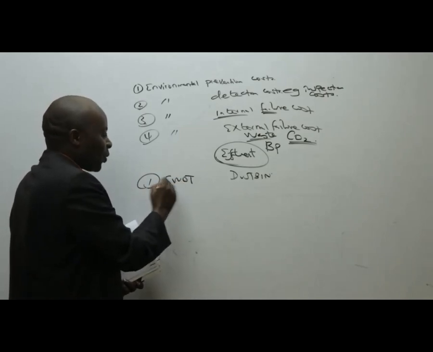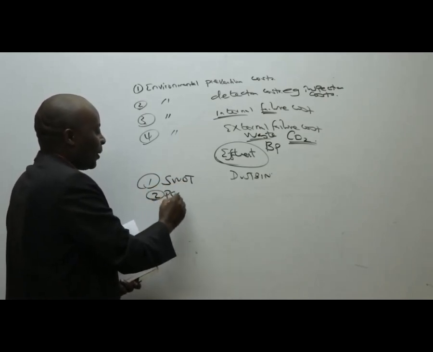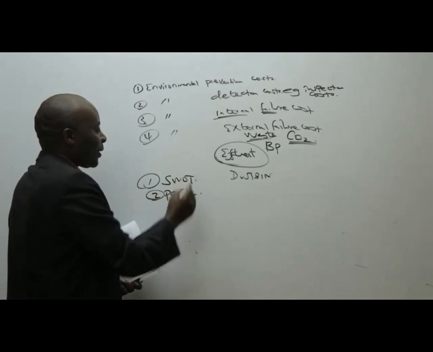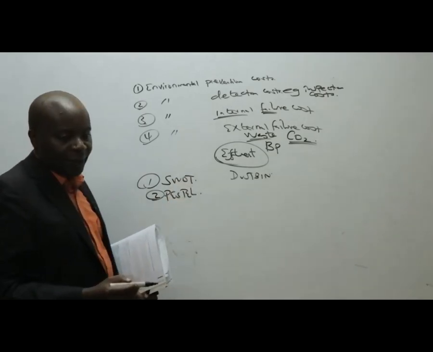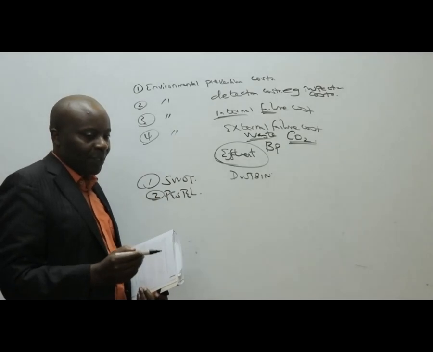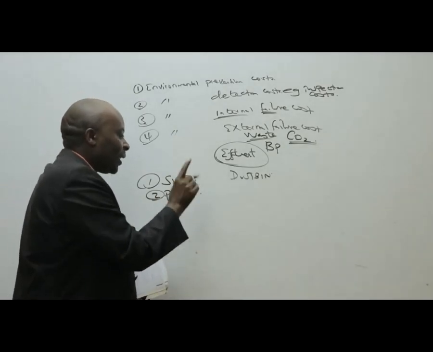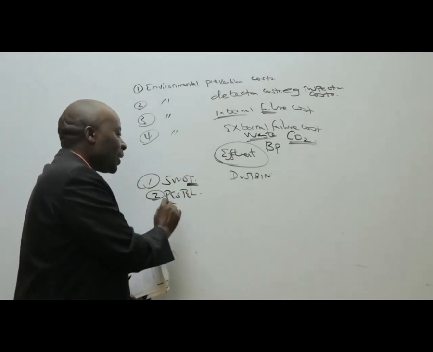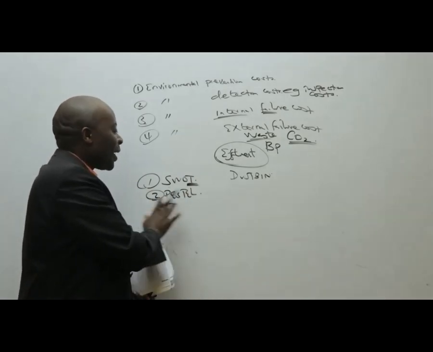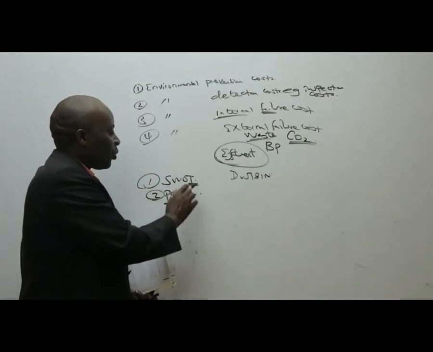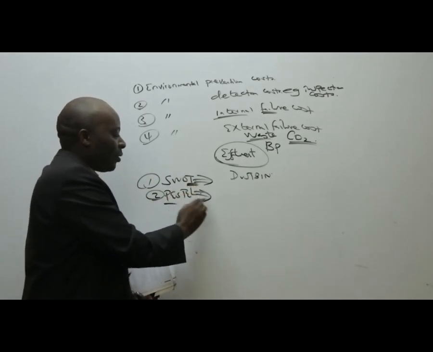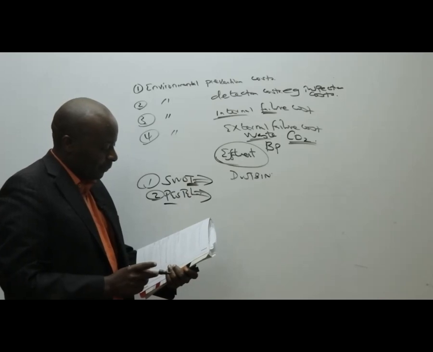We have SWOT and PESTEL. So when you're looking at the threats, you're scanning the risks. When you're looking at the political risks, economic risks, etc. So SWOT and PESTEL, you should be able to describe this in detail in your answers.